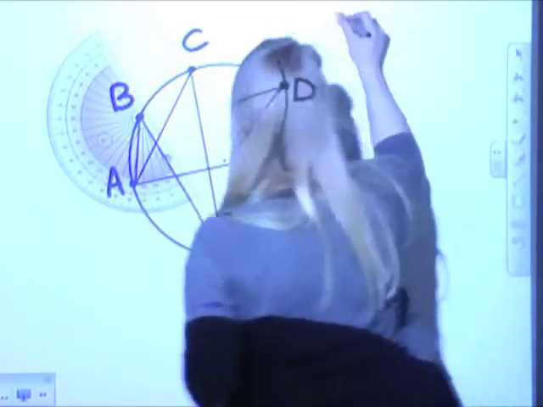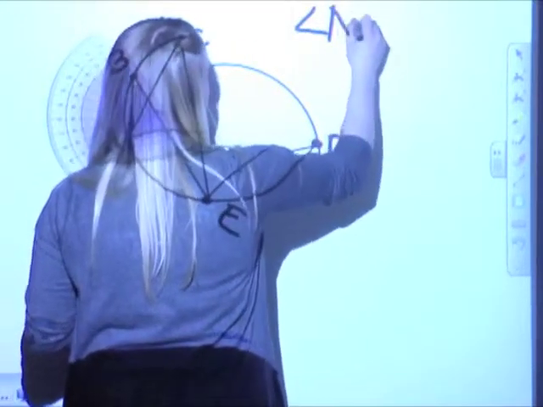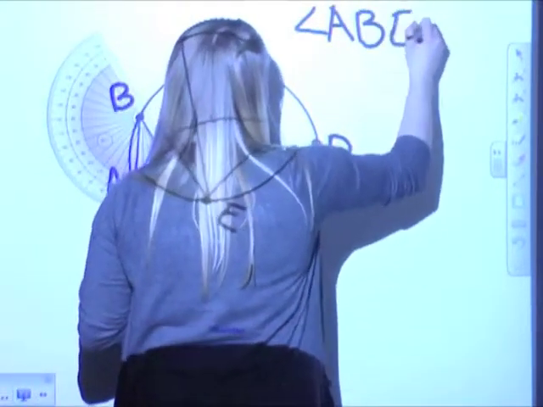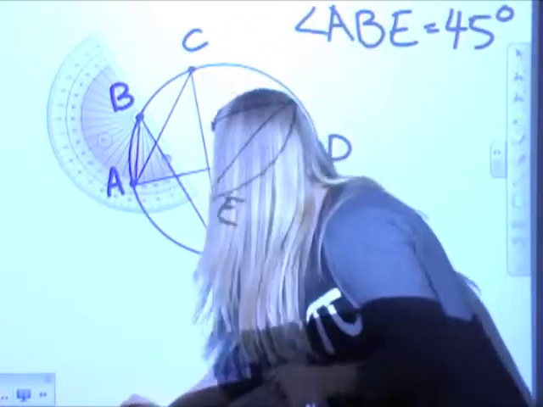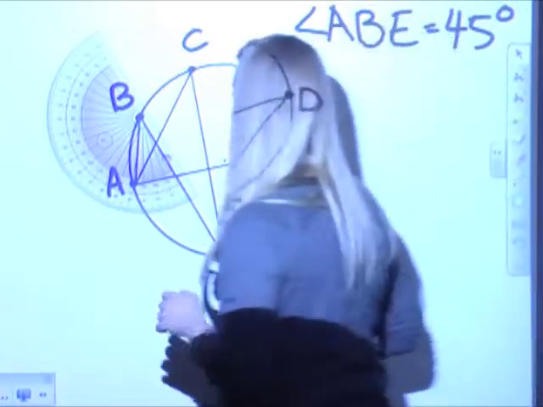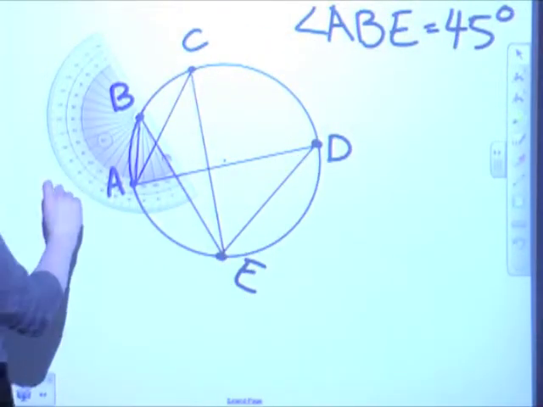So we'll just write that down. So angle ABE is equal to 45 degrees. And of course yours will be different than mine, depending on how you do your points.